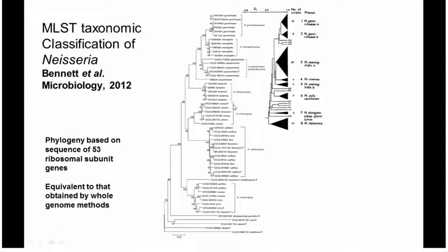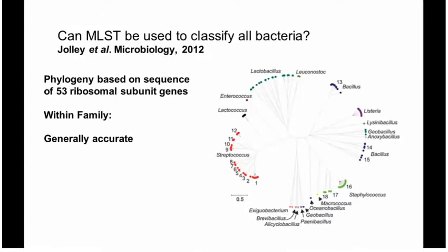It's functioning correctly. So can you do this for all bacteria? Is it going to work? We could just use these same 53 genes, sequence them, and it would allow us to get the phylogenetic tree for the whole of the bacterial world. And that would be really good.